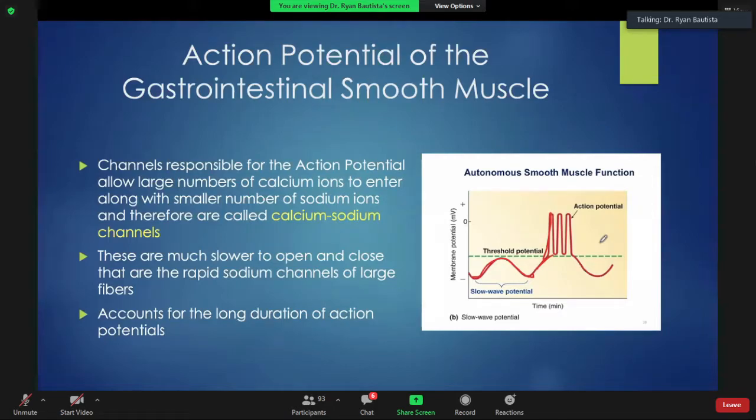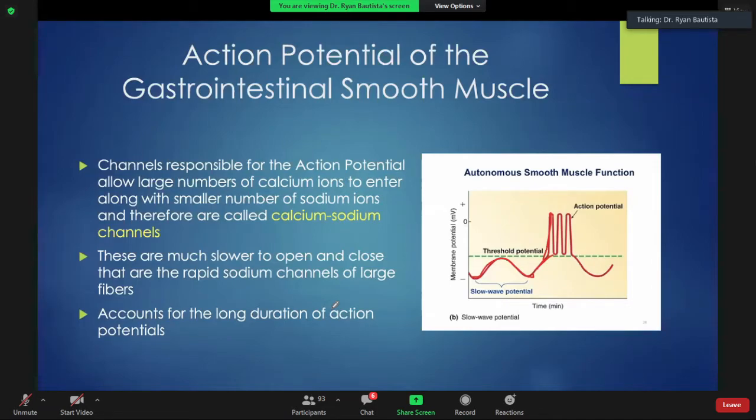Once you have generated an action potential, your smooth muscles will contract. So that's how motility works in your GI tract. These channels are much slower to open and close than the rapid sodium channels of large fibers in your skeletal muscles or even in your cardiac muscles. This accounts for the long duration of the action potentials as well.